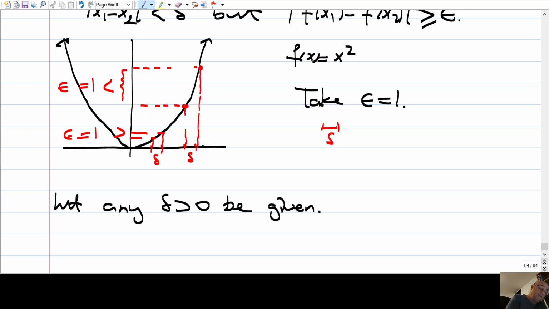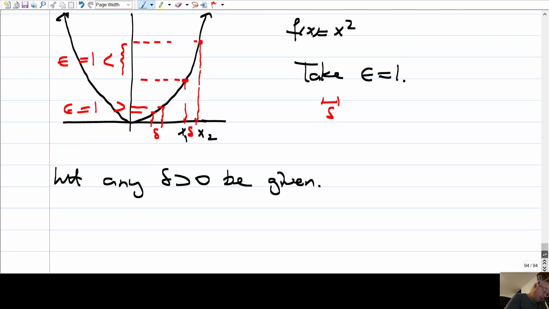I need to find x1 and x2, two points which are delta close to each other. How can I do that?